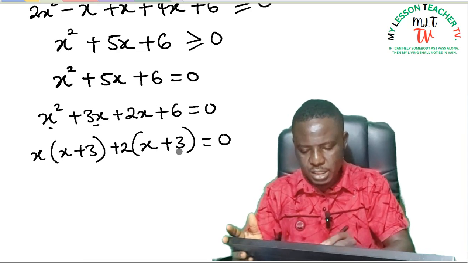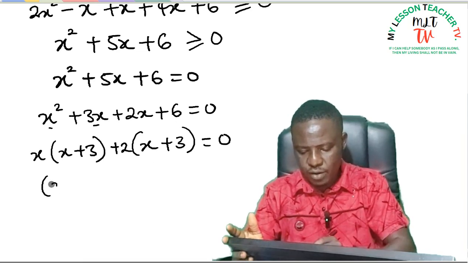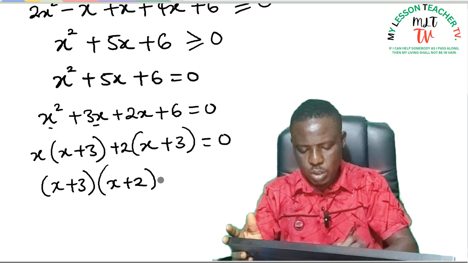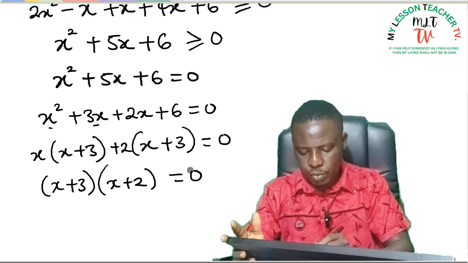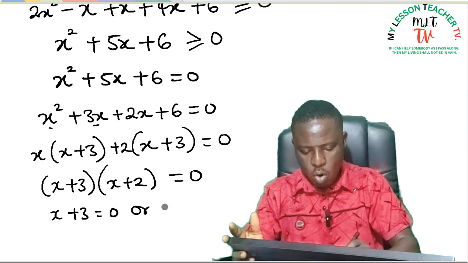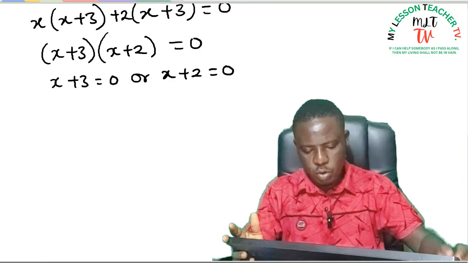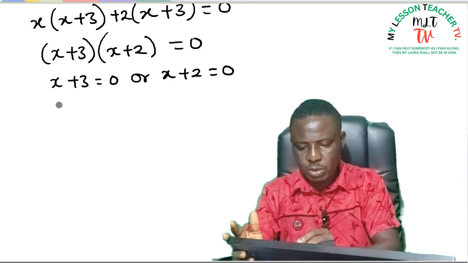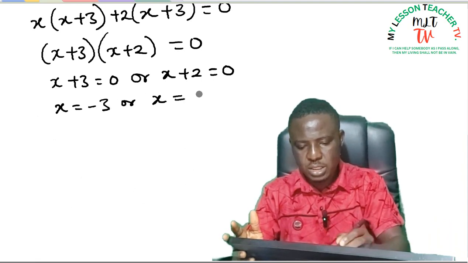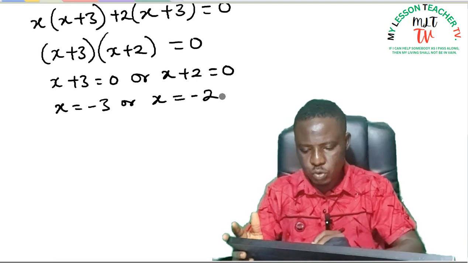Since x plus 3 is still common in both terms, we then factorize it out. x plus 3 into bracket, and when you do that, what you'll be left with is x plus 2 is equal to 0. So we have it that x plus 3 is equal to 0, or x plus 2 is equal to 0. When you make x the subject of the formula, you have x is equal to minus 3 or x is equal to minus 2.